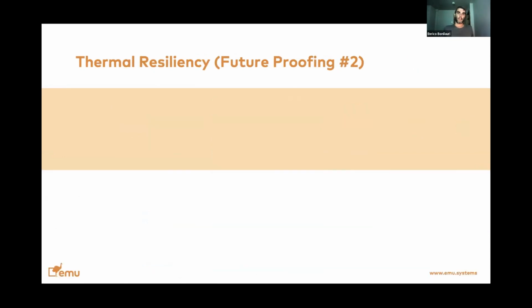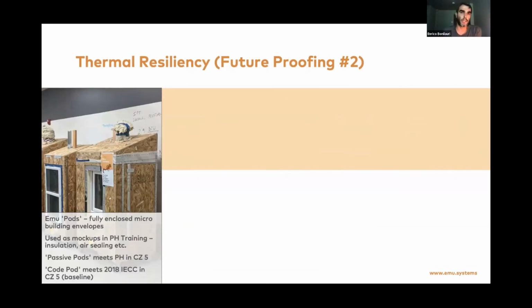The second point about future-proofing your building is the thermal resiliency that is associated with passive house building envelopes. This is a proof of concept that we carry out in the workshop where we teach professionals to build passive house. On the left-hand side, you see these OSB boxes that are nothing but fully enclosed micro buildings.